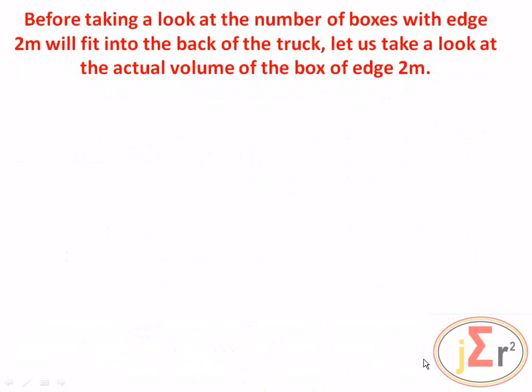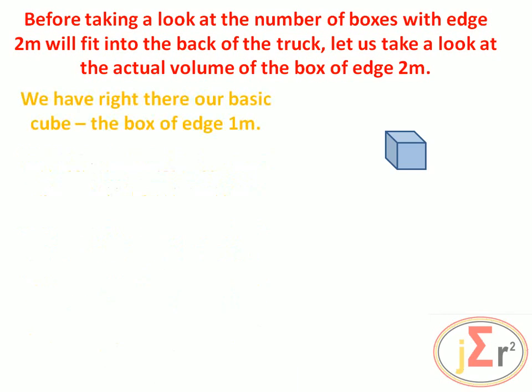Before taking a look at the number of boxes with edge 2 meters that will fit into the back of the truck, let us take a look at the actual volume of the box of edge 2 meters. What's the actual volume of the box of edge 2 meters? We are going to begin as usual with our 1 meter edge box.